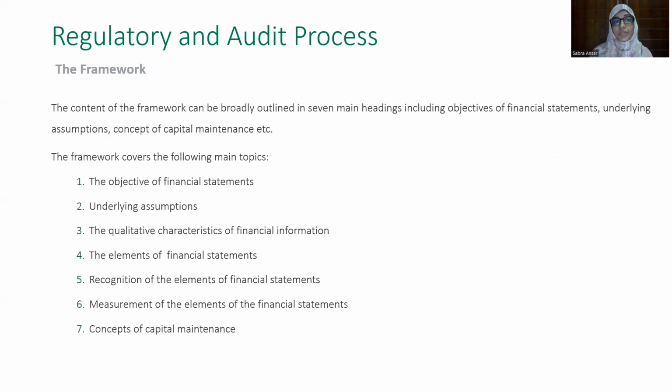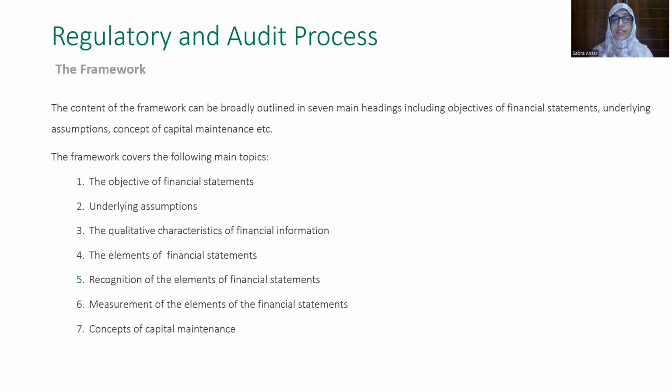So now when we look at the framework, we can broadly say that there are 7 main headings, including the objective of the financial statement, the underlying assumptions, and the concept of capital maintenance. All these are included in the framework.